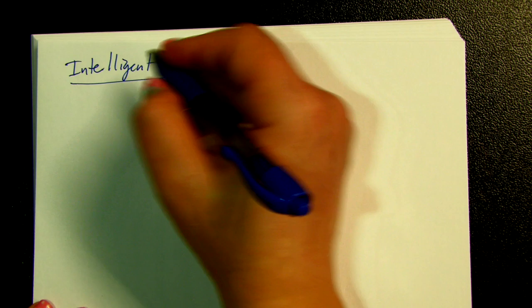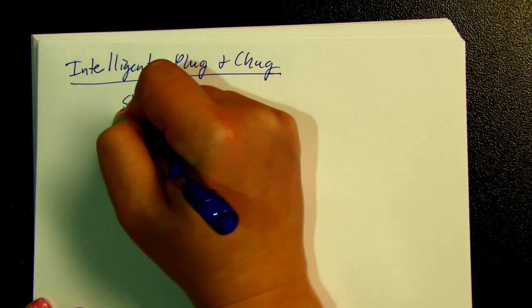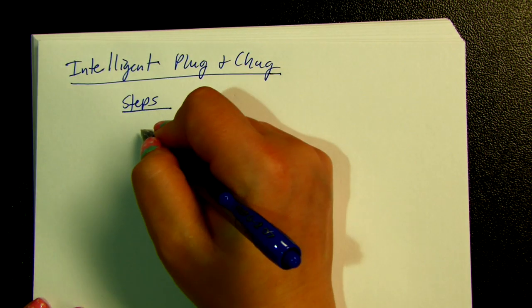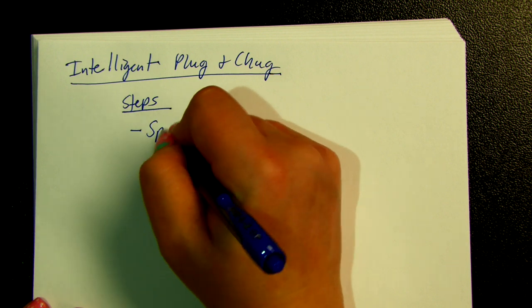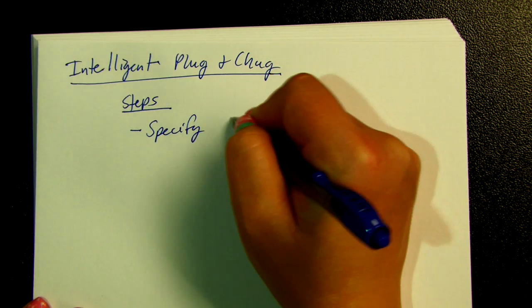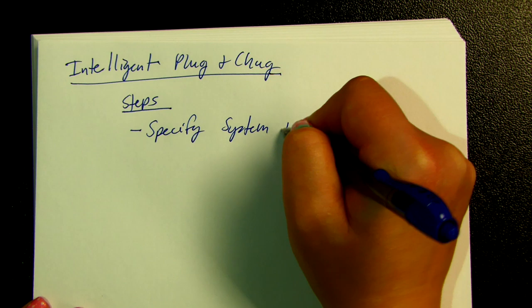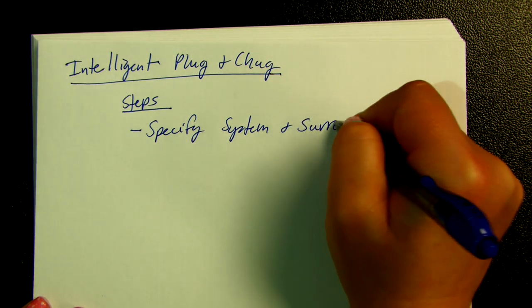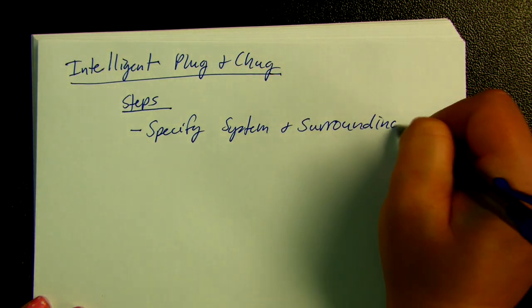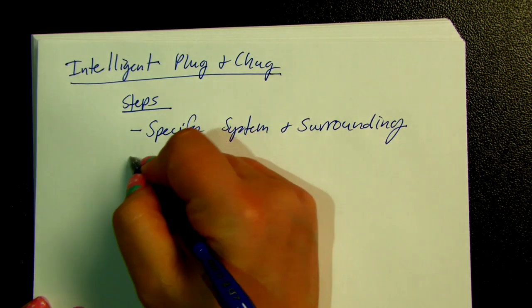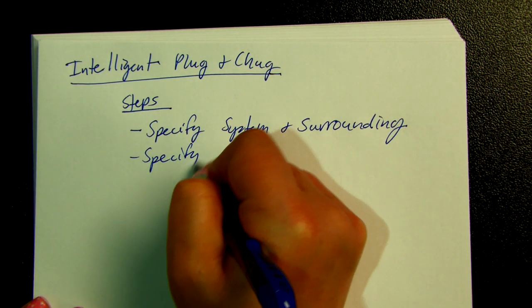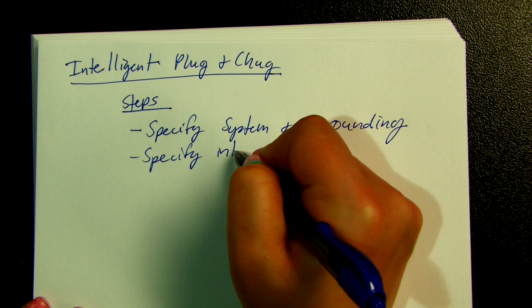So here are the steps for setting up a problem. I'm going to look for these steps when you set up your problem. So you want to specify system and surroundings. Who is doing the work and who is being worked on? Very important. You need to specify initial and final state.